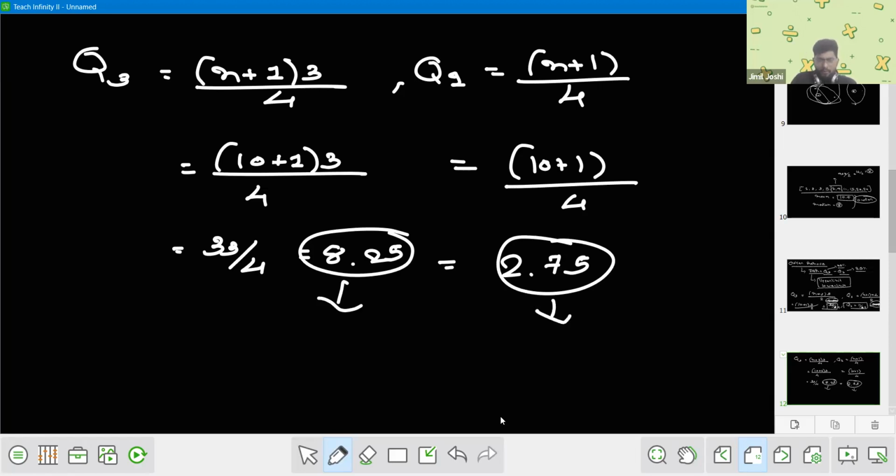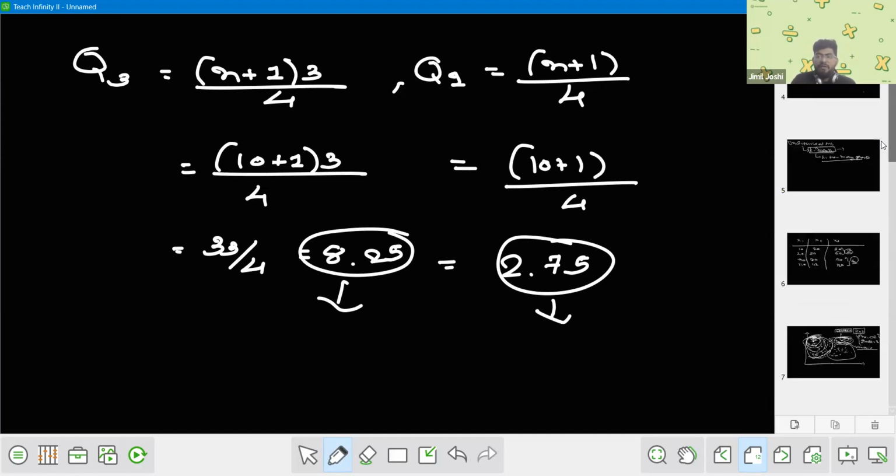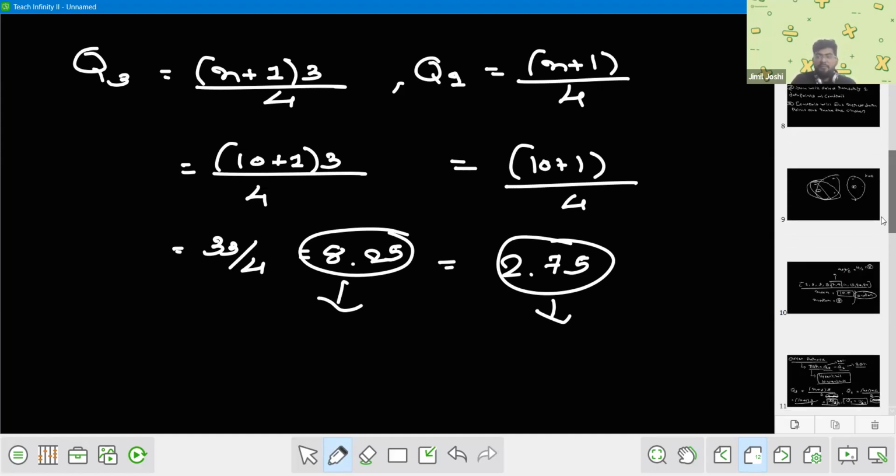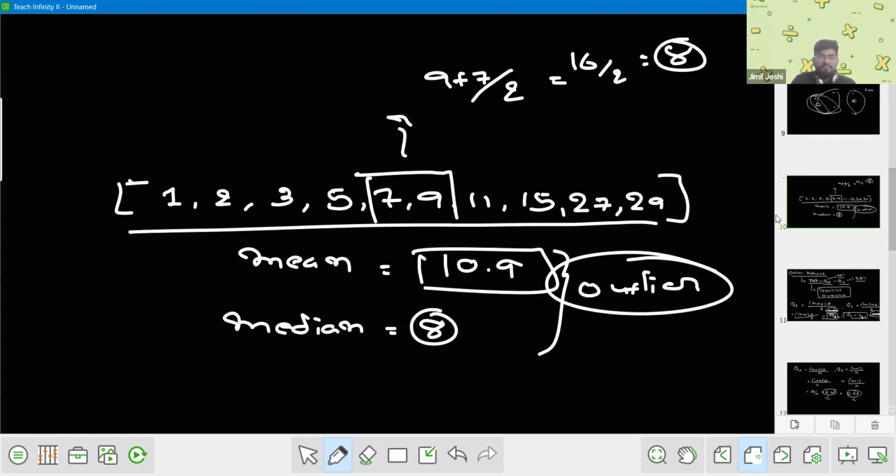So 8.25 means the eighth position in your data points, it's your Q3. 2.75 means the third position we can consider, nothing but your Q1.